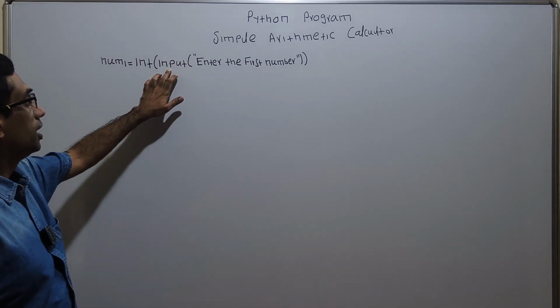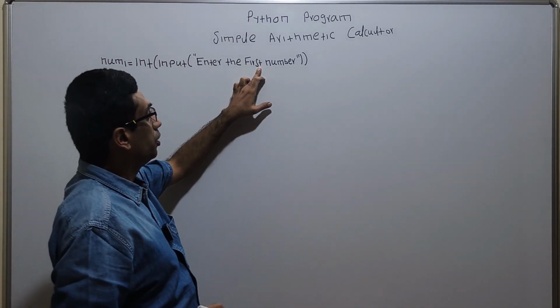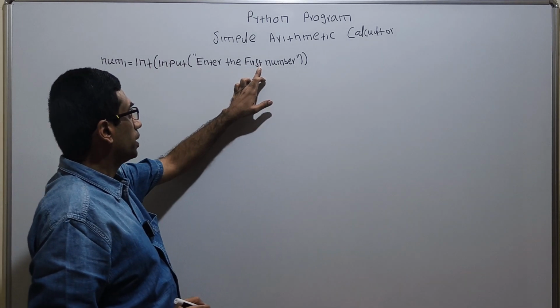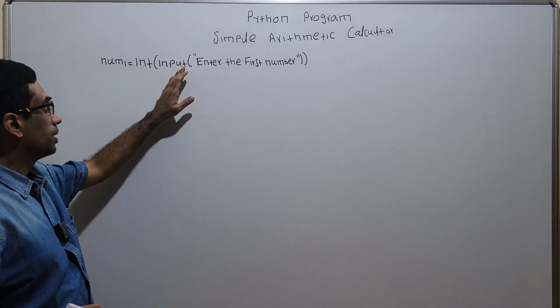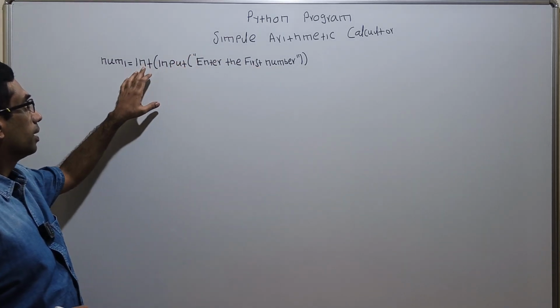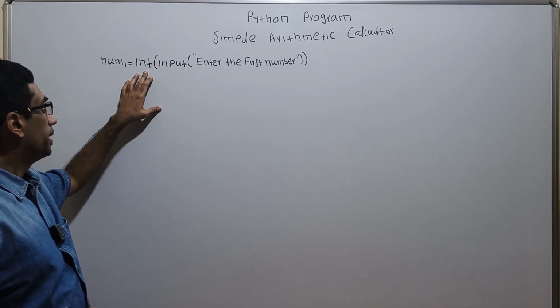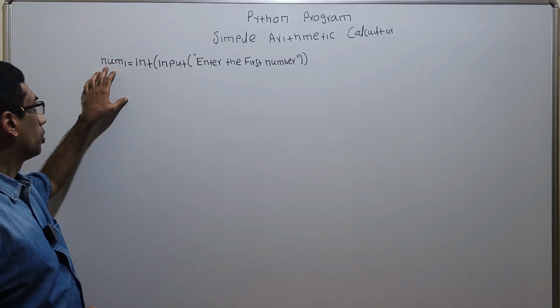The input statement displays the string "Enter the first number" in the user console, and when the user enters a number, it is received as a string by the input statement, converted into an integer by the int function, and stored in the variable num1.